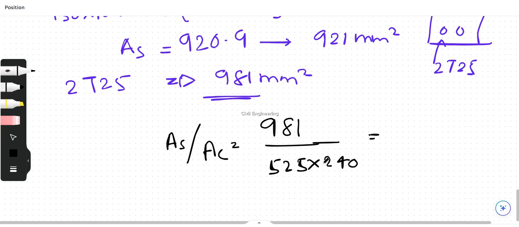We can get the value using a calculator, that is 981 over 525 divided by 240, that is 0.007, percent.